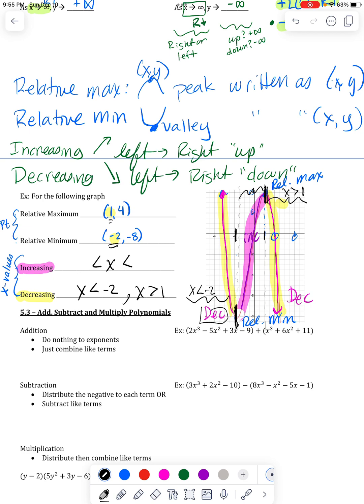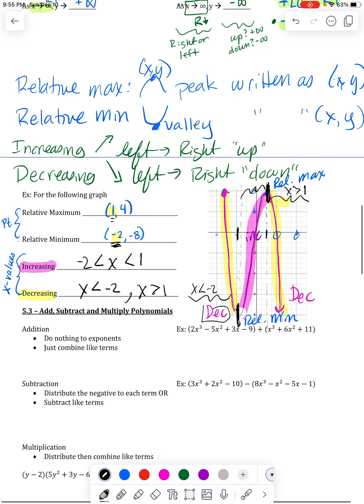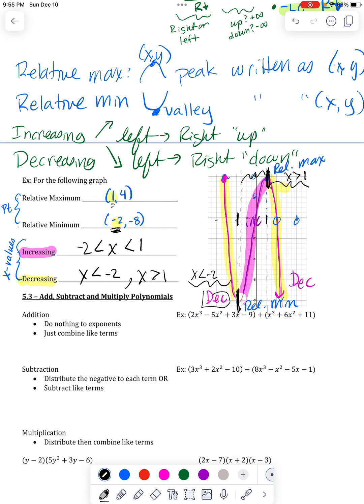And the x on the left is going to be the -2 from here. And then it goes up until it hits the max, which has an x of 1. So you never, ever, ever use these y values in describing your max and mins, or excuse me, increasing and decreasing. So that is definitely a tricky part.